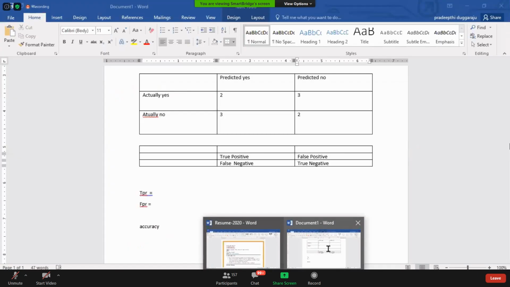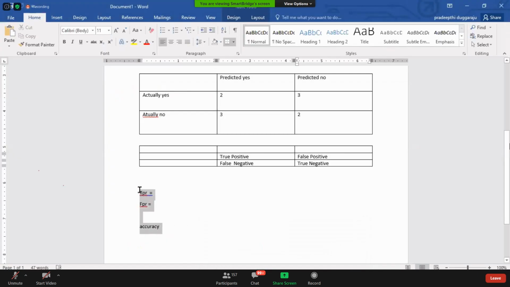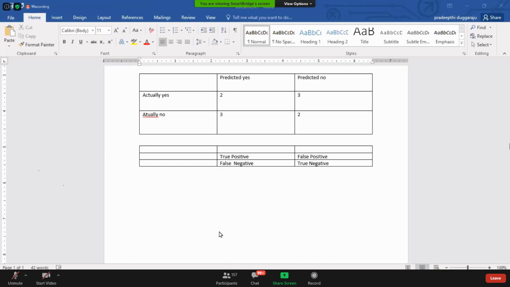Do you remember in the sigmoid function, I had taken some sort of threshold, in logistic regression? What is the threshold that I've taken for logistic regression?